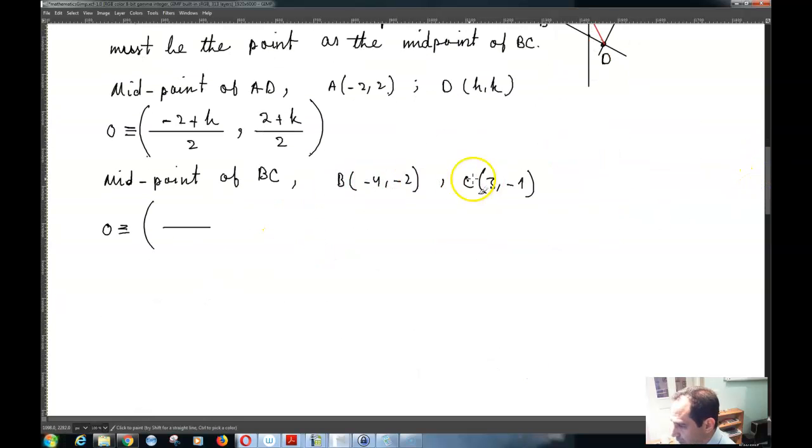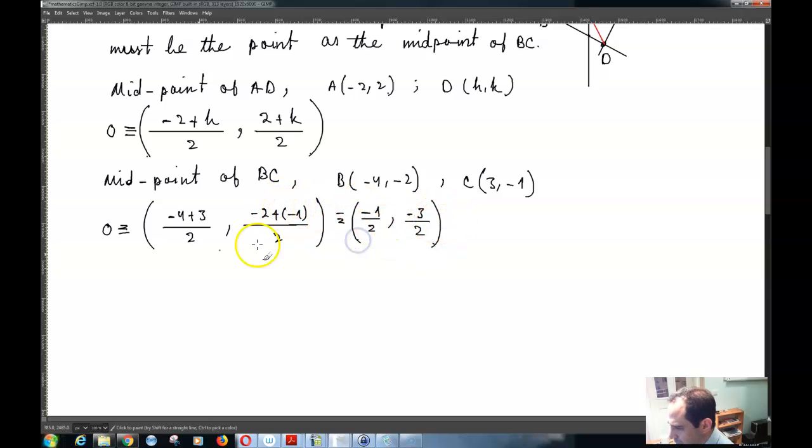So you would have negative 4 plus 3 divided by 2 and negative 2 plus negative 1 divided by 2. Negative 4 plus 3 is negative 1, so that's negative 1 by 2 comma negative 3 by 2. That means the coordinates of the point O are negative 1 by 2 and negative 3 by 2.